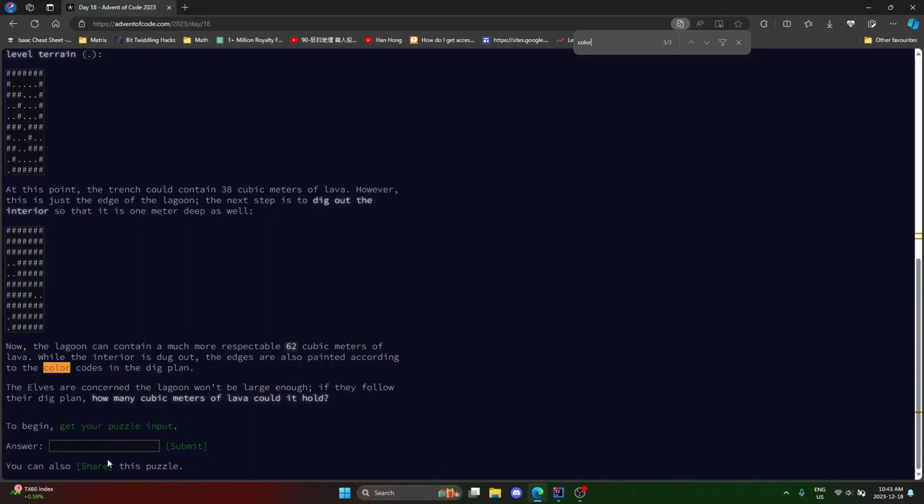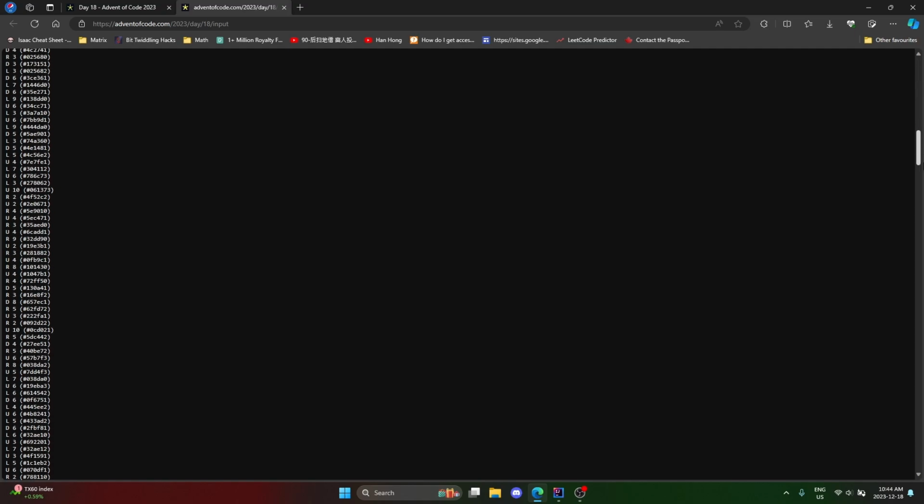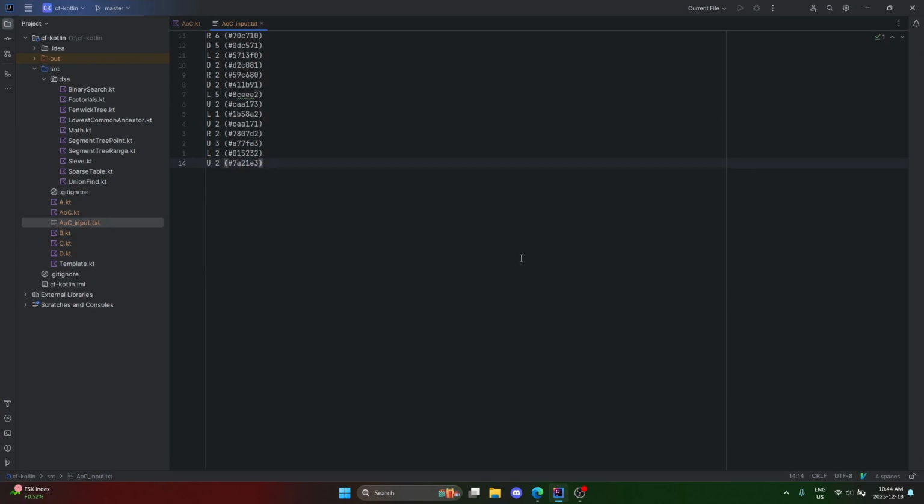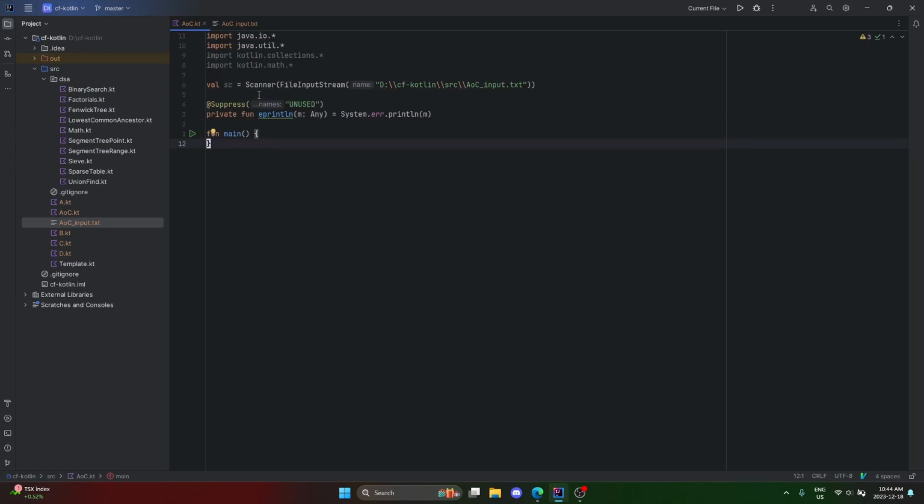Okay, let's see how big the input is. It's not that big. So what I could do is run through the instructions once and figure out the size of the entire grid.